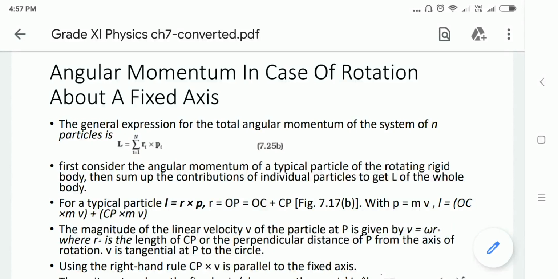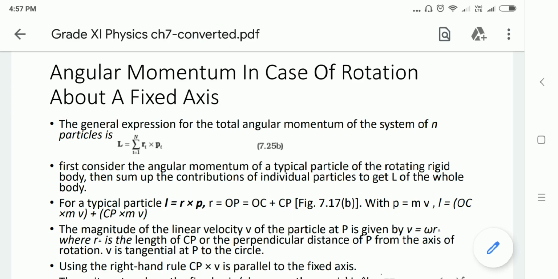So we are having angular momentum L, that is the addition of r_i cross p_i, i equals 1 to n. Here we are adding the angular momentum of each particle in a rigid body to get its individual value.